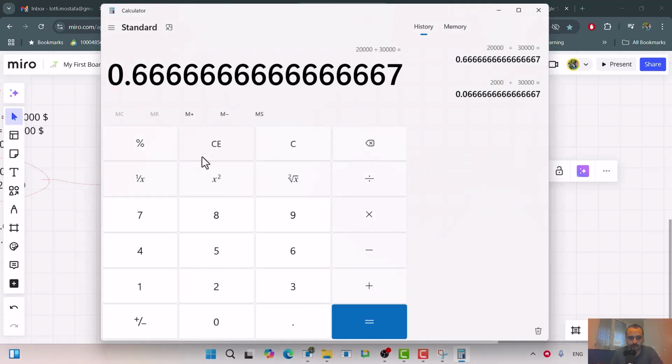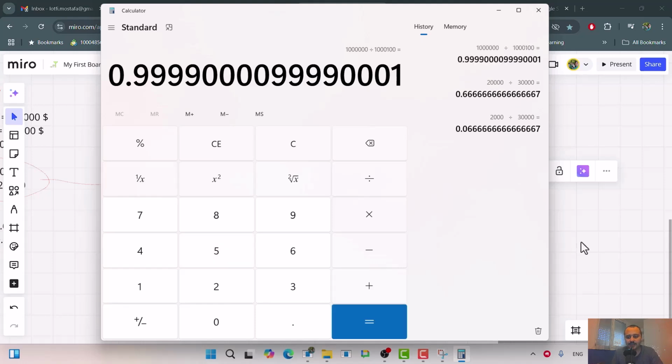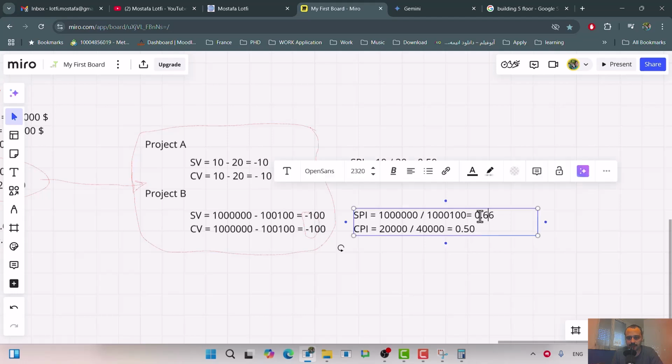So if I divide 1 million by 1,100,000, it's 99%. This is the performance. And same for the CPI.